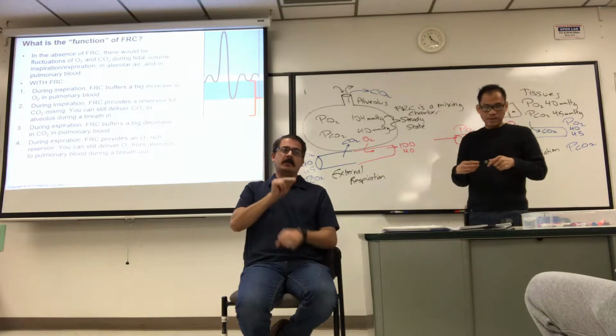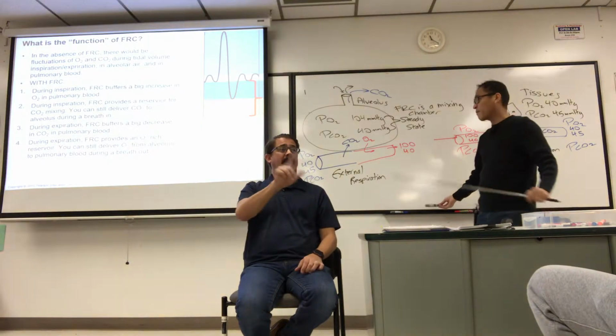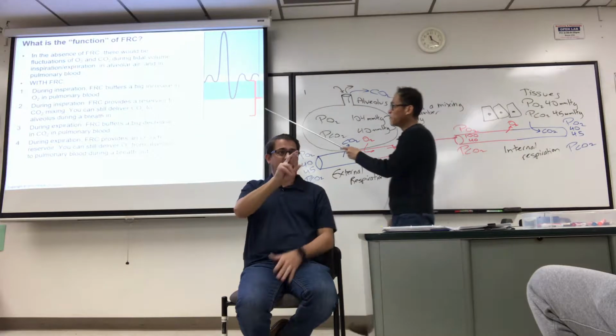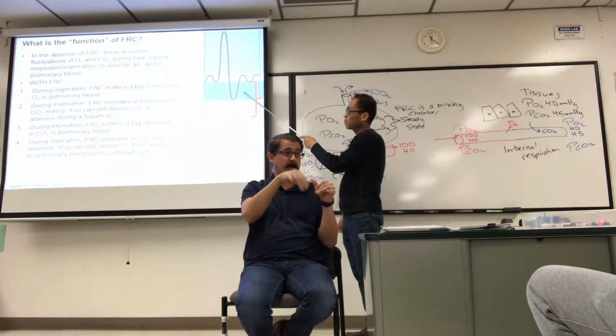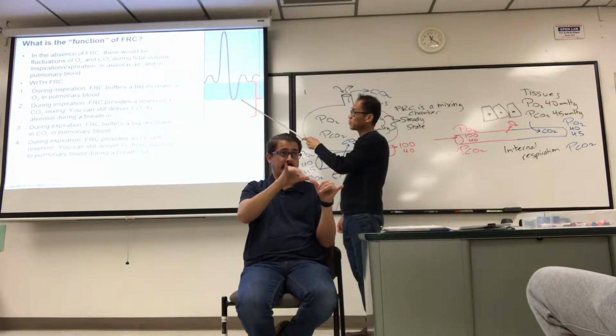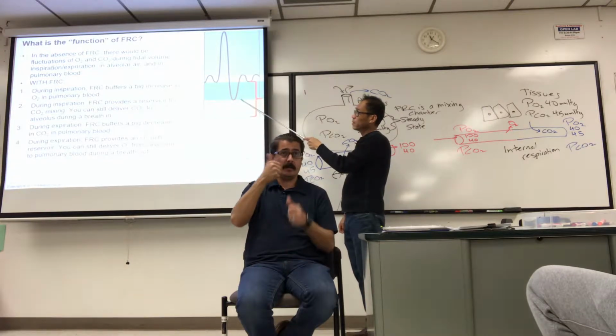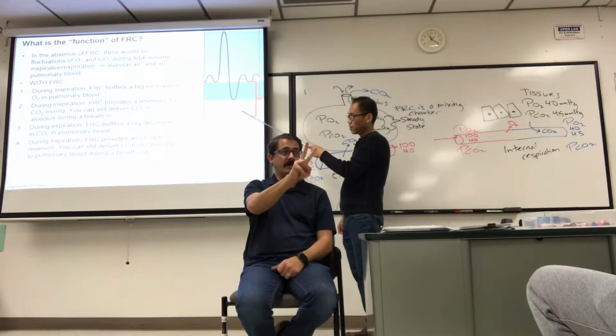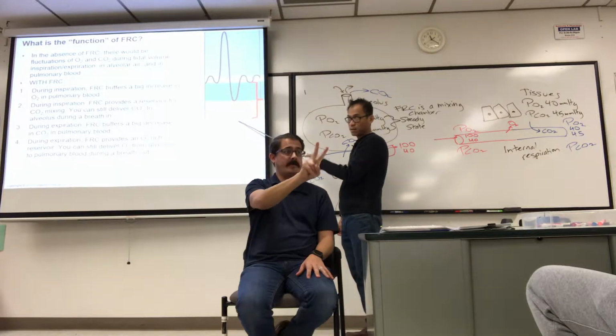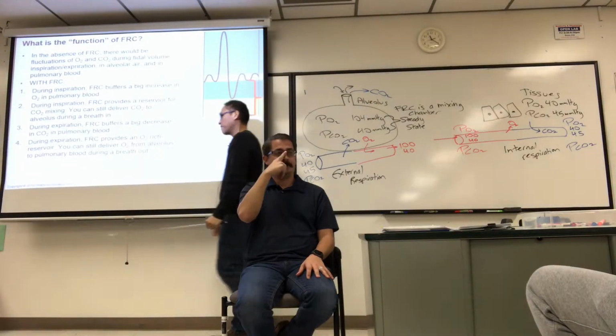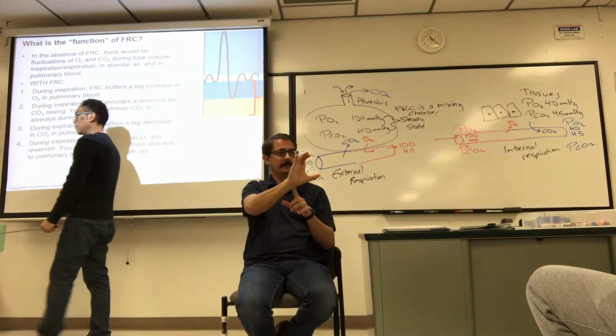You have this big 2.5 liters of FRC. Now you even measured this blue volume. What is it? Identify, just from here to there. ERV. What about the green? That's RV. Now, to define FRC, it's ERV plus RV.